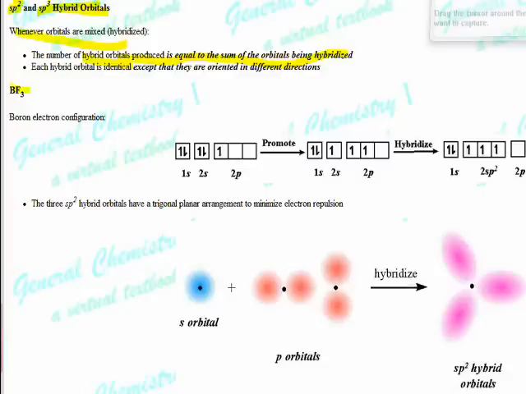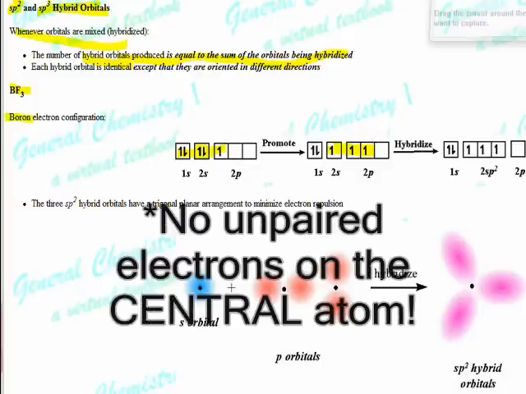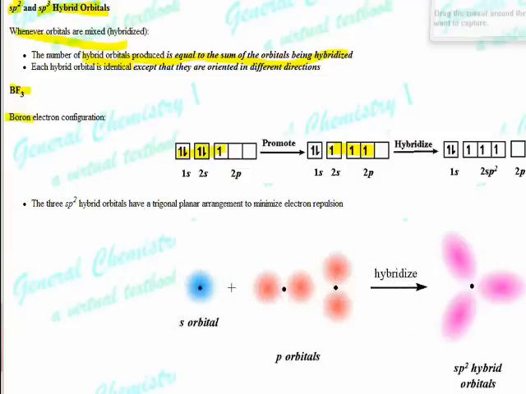So let's look at boron trifluoride. The boron electron configuration we have right here. What we want to do is take these 2 electrons and promote them to the p area. By doing that, these are open for bonding. Otherwise, if they're here, they're not going to be able to bond. So we promote that, and then we bring the 2s and the 2p together.